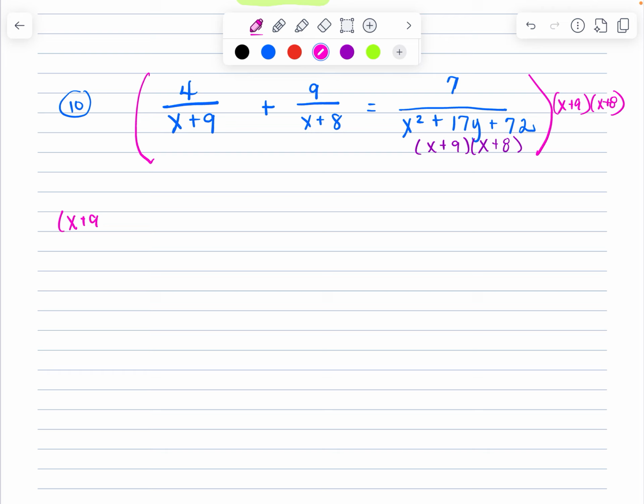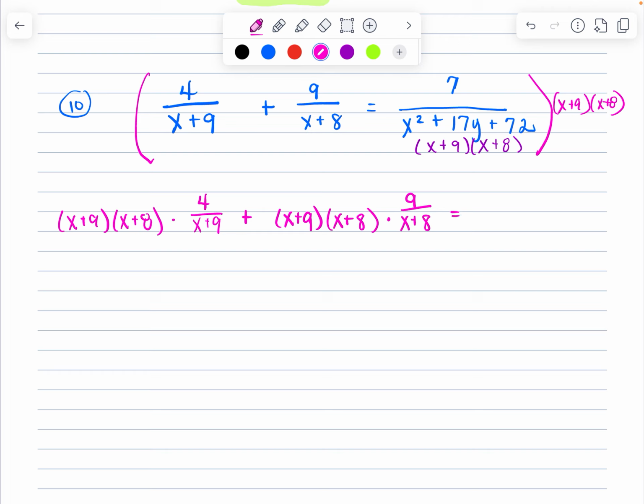So x plus 9 times x plus 8, my common denominator, times 4 over x plus 9, right? Just like we did the last one. Plus, same thing with the second term, x plus 9 times x plus 8, sorry, my 9 looks like an a, times 9 over x plus 8.